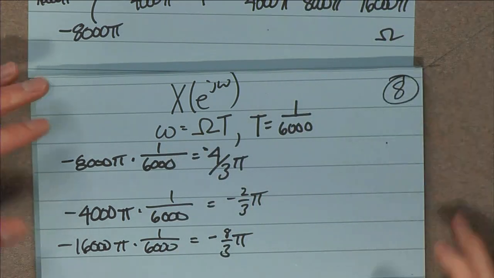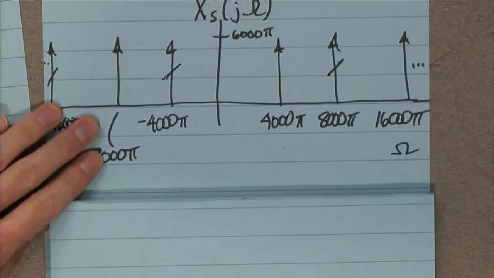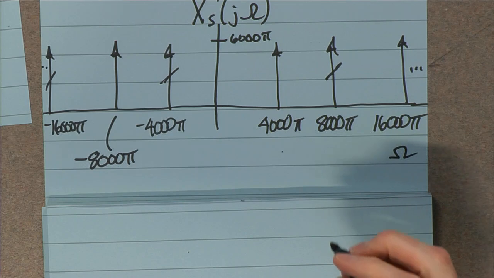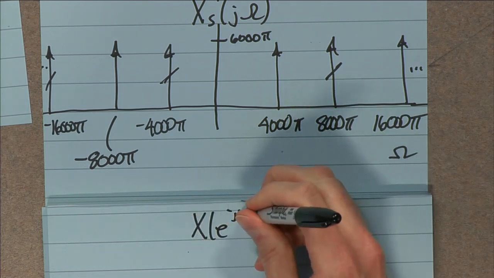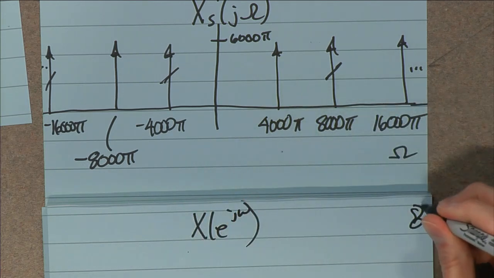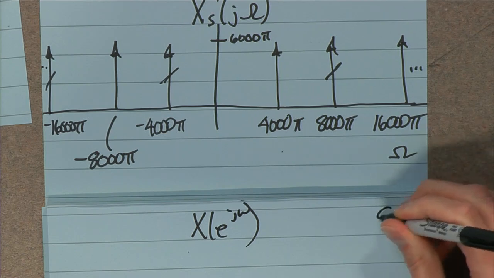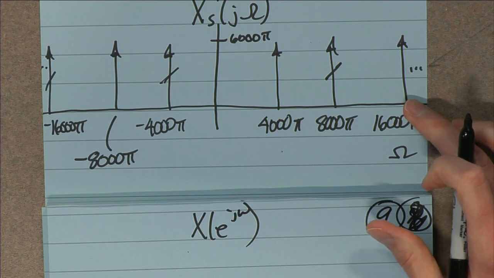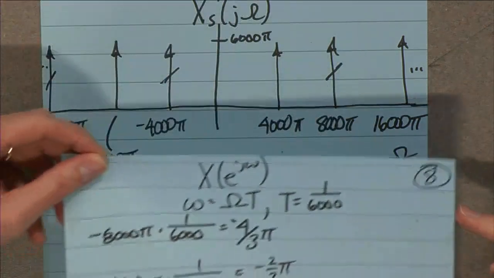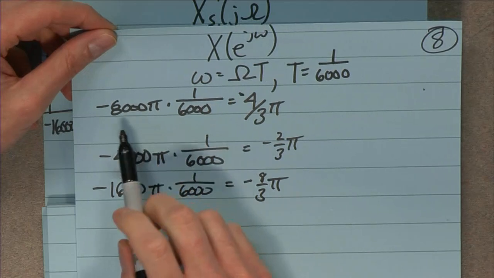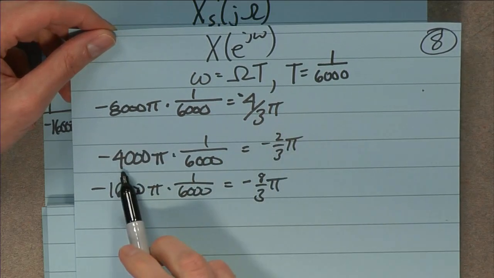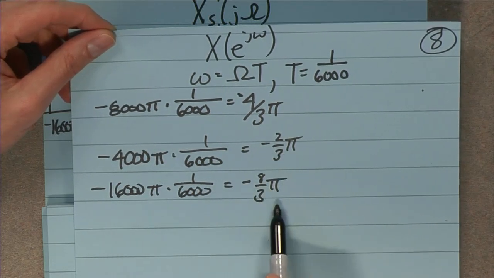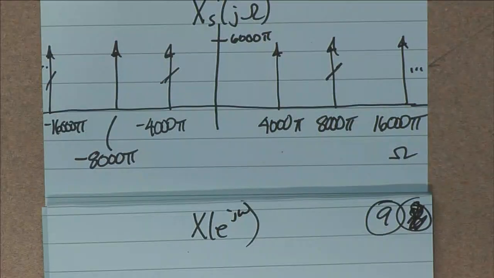So now we just have to apply this to our chart. So I'm going to hold that off to the side and say, okay, X(e^{j omega}), and this is 9. And now what I'm going to do is replot this chart, but instead of using those values, I'm going to substitute minus 8,000 pi for minus 4/3 pi, minus 4,000 pi for minus 2/3 pi, and so on, which basically scales the spectrum and puts us into a discrete time spectrum.